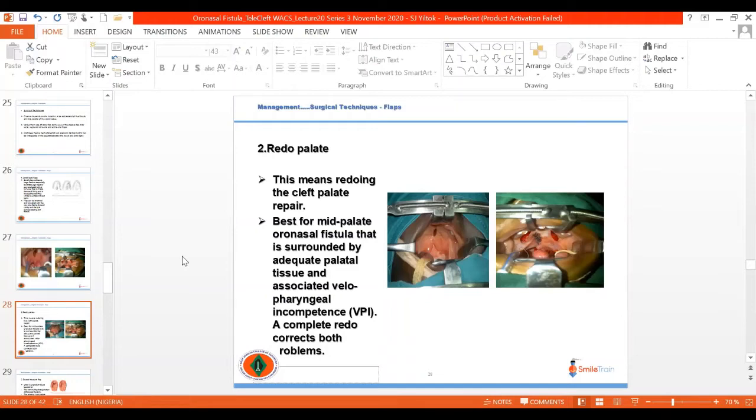The best candidates are usually the mid-palatine nasal fistula that is surrounded by adequate palatine tissue and associated with pharyngeal incompetence. A complete redo corrects both the problem of the fistula and the DPI itself.